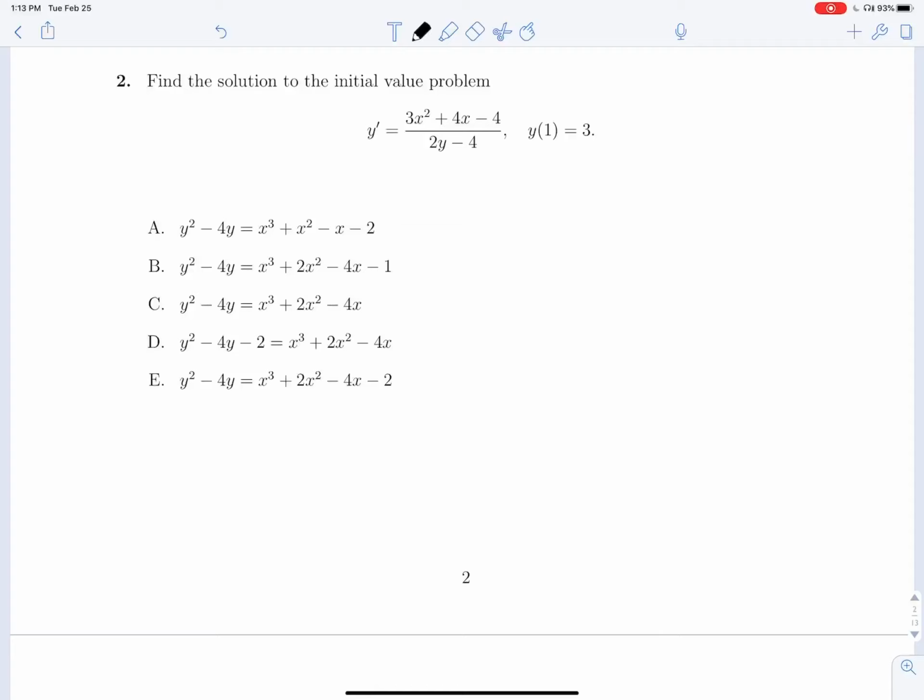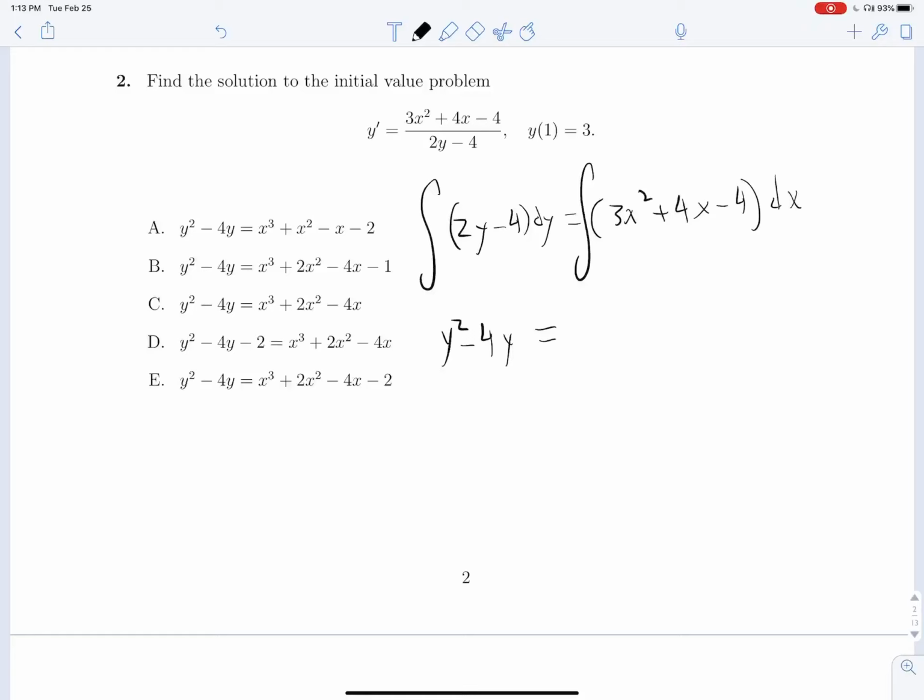We'll be left with 2y minus 4 dy is equal to 3x squared plus 4x minus 4 dx. We can integrate both sides. We will get y squared minus 4y is equal to x cubed plus 2x squared minus 4x plus c.